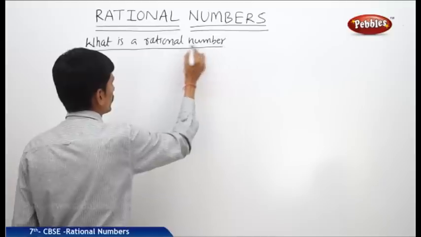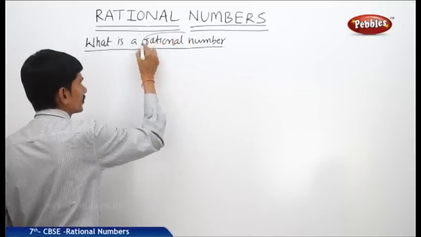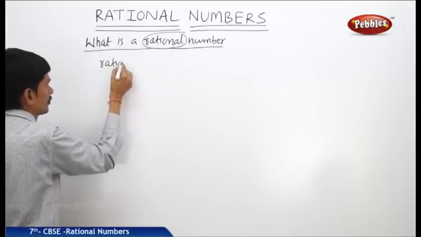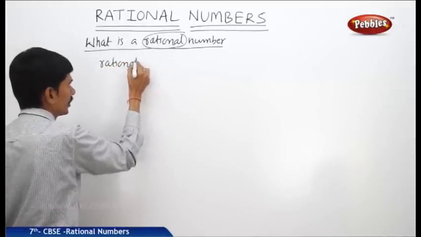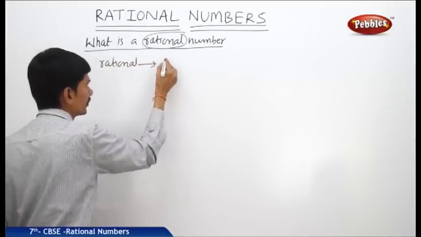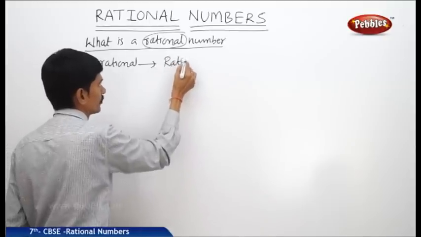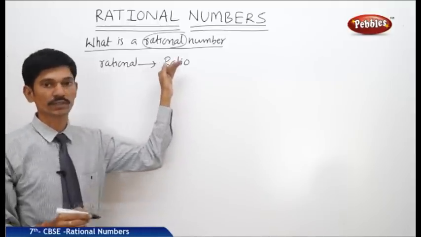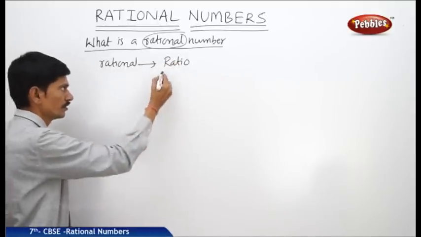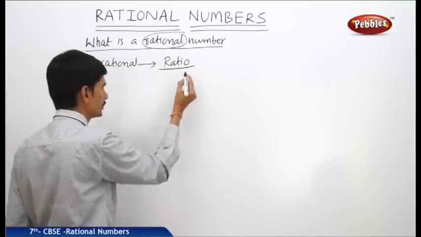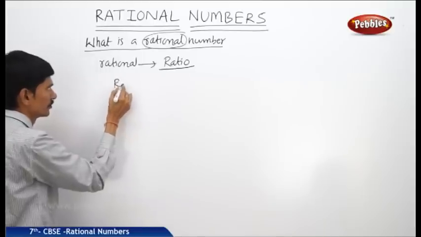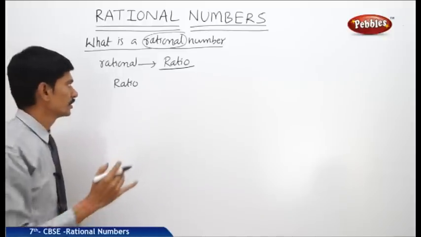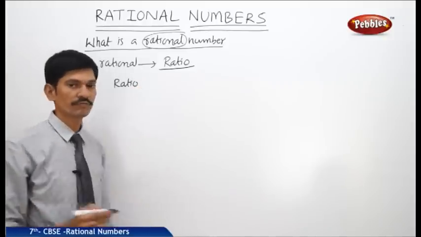In the term rational number, the word rational is derived from the word ratio. We are all familiar with the word ratio. So what is a ratio? It is the comparison of two quantities of the same kind.